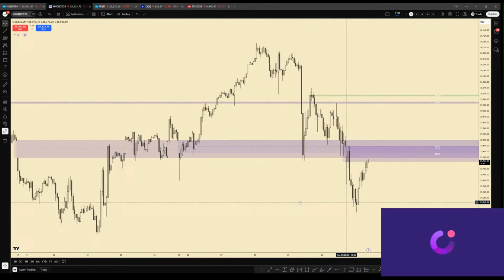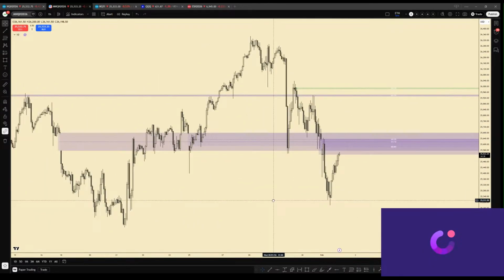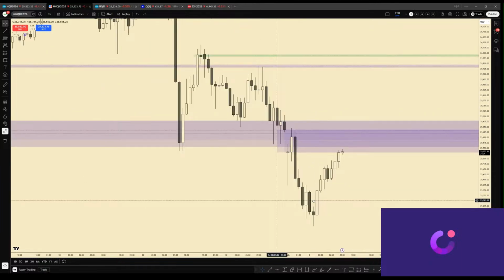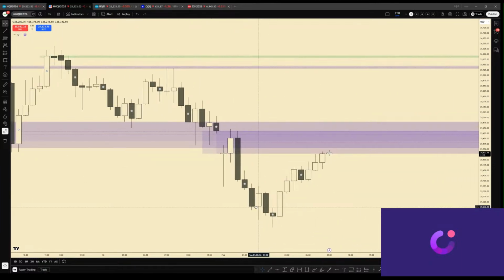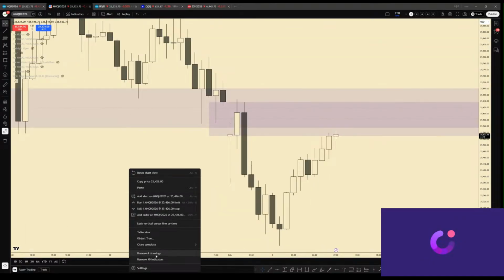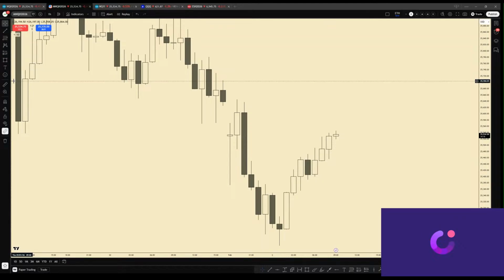So first off, I started with drawing the weekly opens, weekly opening gaps. I draw them from the Friday close to Sunday open, just like this. Let me hide the indicators and remove everything.